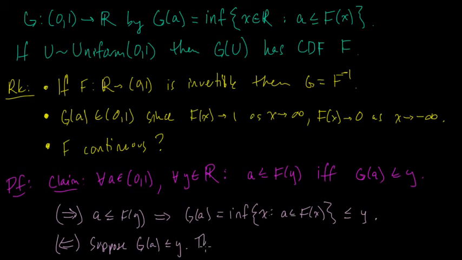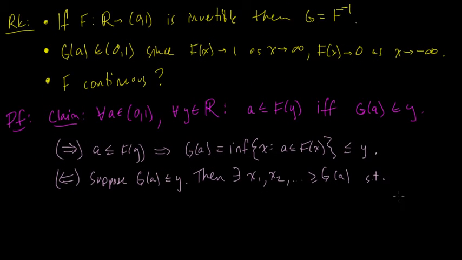Then there exists a sequence of points in that set. Let's call them x1, x2, x3, and so on. All of them are greater or equal to g of a, because that's the infimum. And they converge, so it's an infimizing sequence.